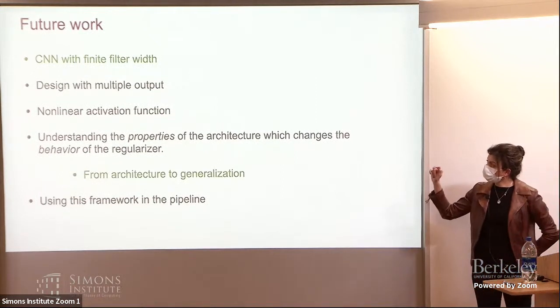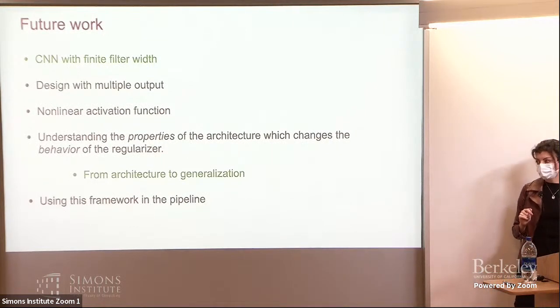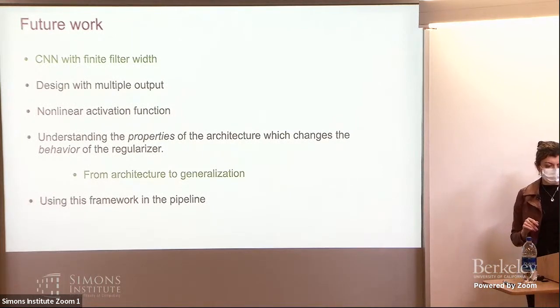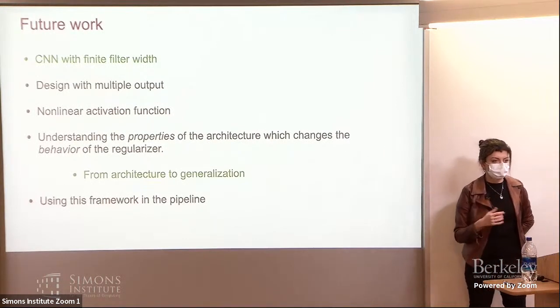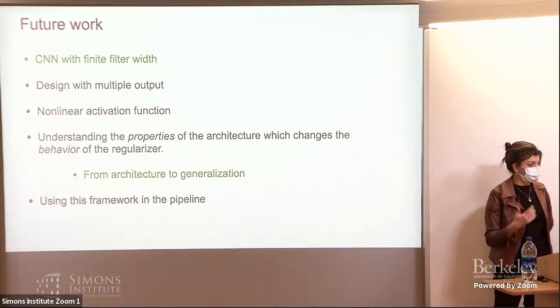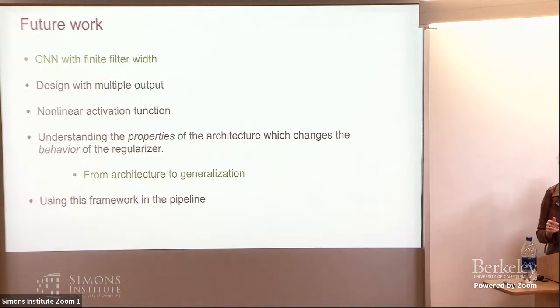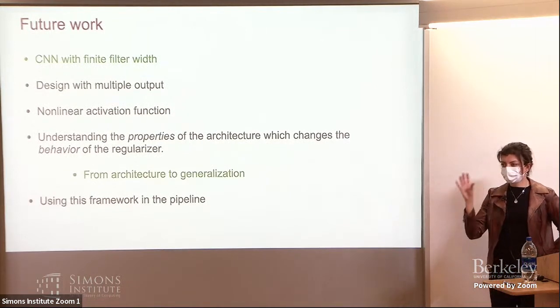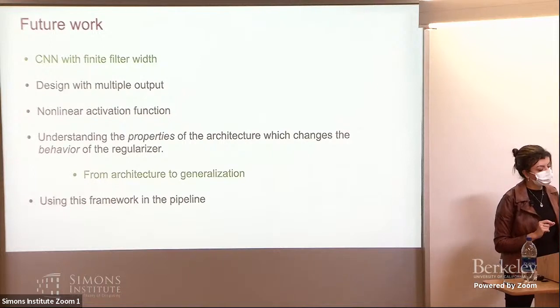The case with multiple outputs is actually not known. There are not that many results that we know about that. Again, nonlinear activation functions. And a general description of properties of architectures that help us achieve these induced complexities is also not known. And using this framework in the pipeline, understanding the connection between this representation cost and the generalization properties and so on is also important.